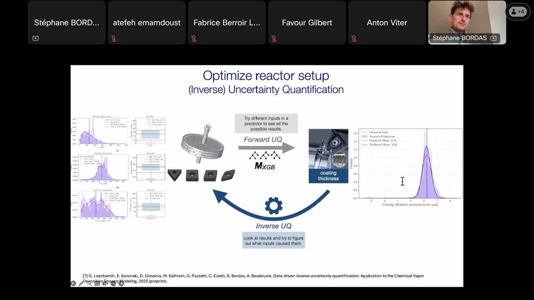But what you actually want is to start from the uncertain statistical distribution of the coating thickness, the quantity of interest, and then to back-calculate what were the inputs that caused this distribution. So this is called an inverse problem, because you look at the solution and you want to find the problem.